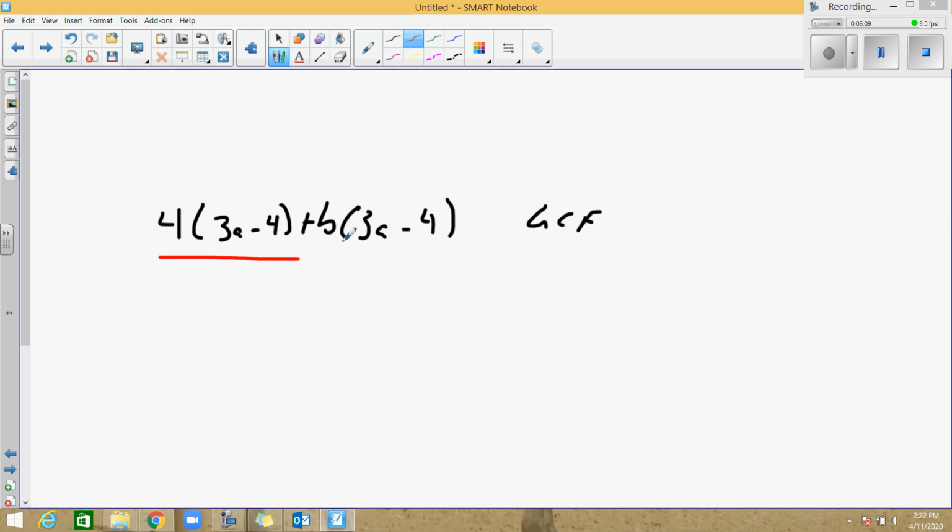When I multiply, that is one quantity, and here is my second quantity. So what can I pull out of both of those terms? I can pull out 3a minus 4, that quantity, and the most I can pull out is the lesser of my exponents. Because both of these are 1, I get the greatest common factor of 3a minus 4.